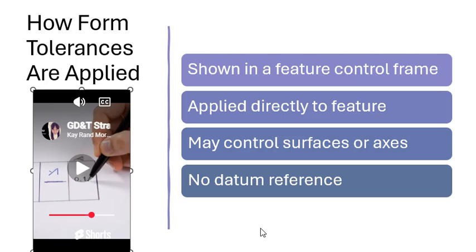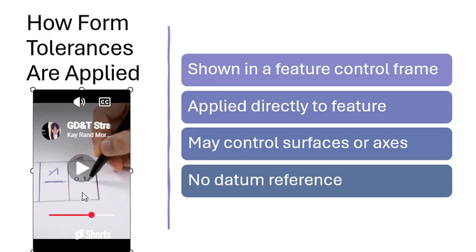All right, and of course it would be applied directly to a feature. So if you're looking at a line on your drawing, then we will write this little box like this. Here is a 2-compartment box, and the first compartment contains the straightness symbol.